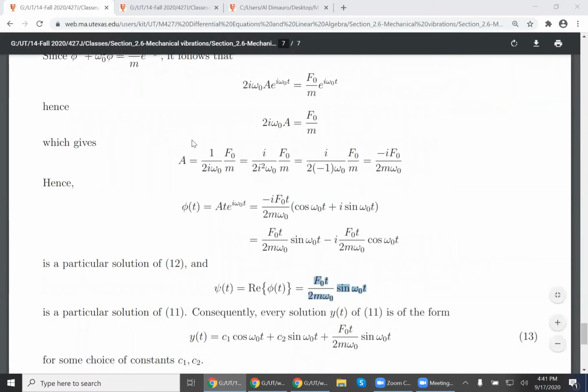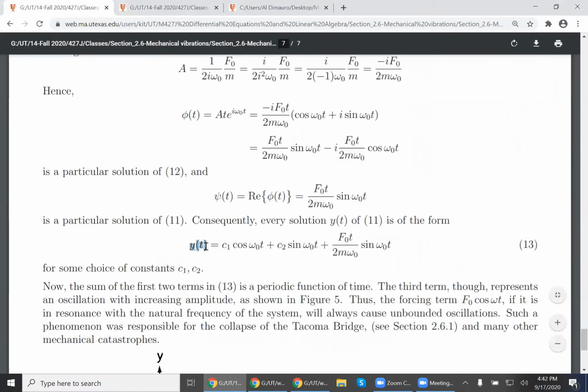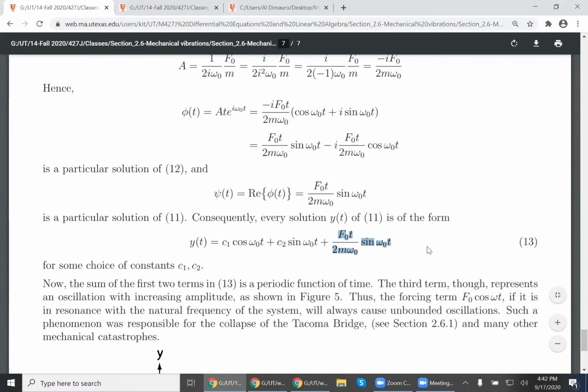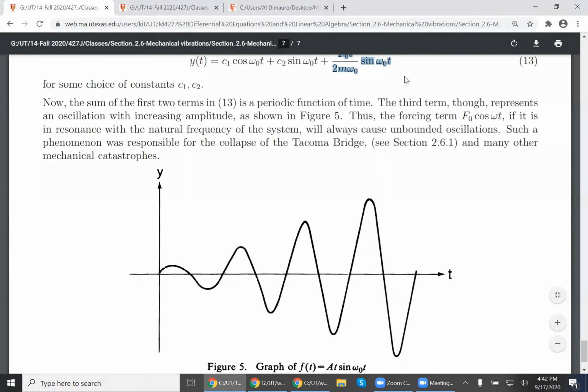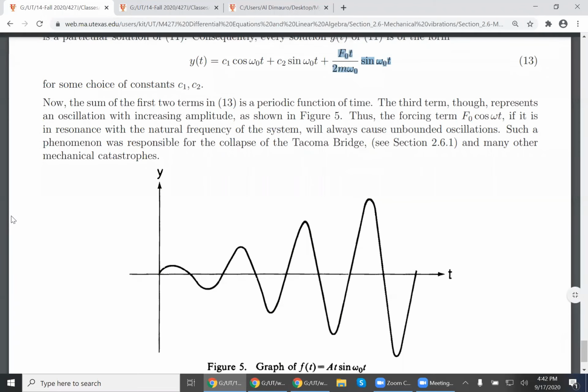Done. Very last thing, the general solution of our equation is the sum of two pieces. General solution of the corresponding homogeneous plus particular solution of non-homogeneous. One can show that the graph of this function is over here. Folks, we are done for today.